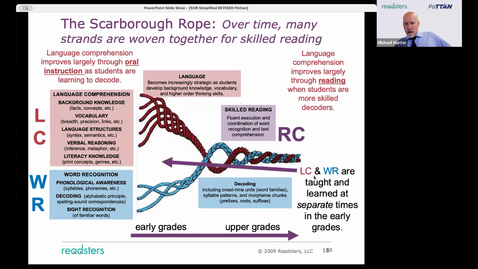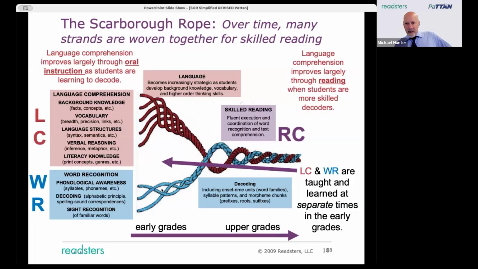So another takeaway from all of this is, if we're thinking about foundational skills, in the early grades, before students have developed enough of their skills, the two domains are separate types of instruction.